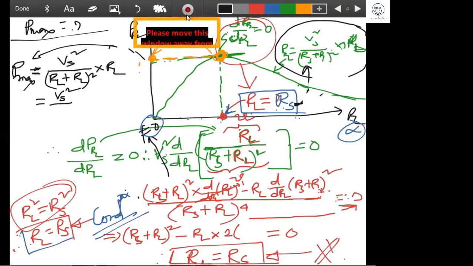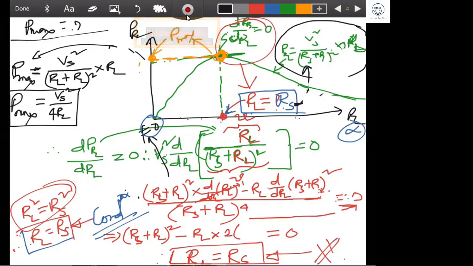Now, let's come back to the point. You should come to the class with this, otherwise it is all meaningless. So this is our P max equation. At this point, the value will be Vs square divided by 4RL.